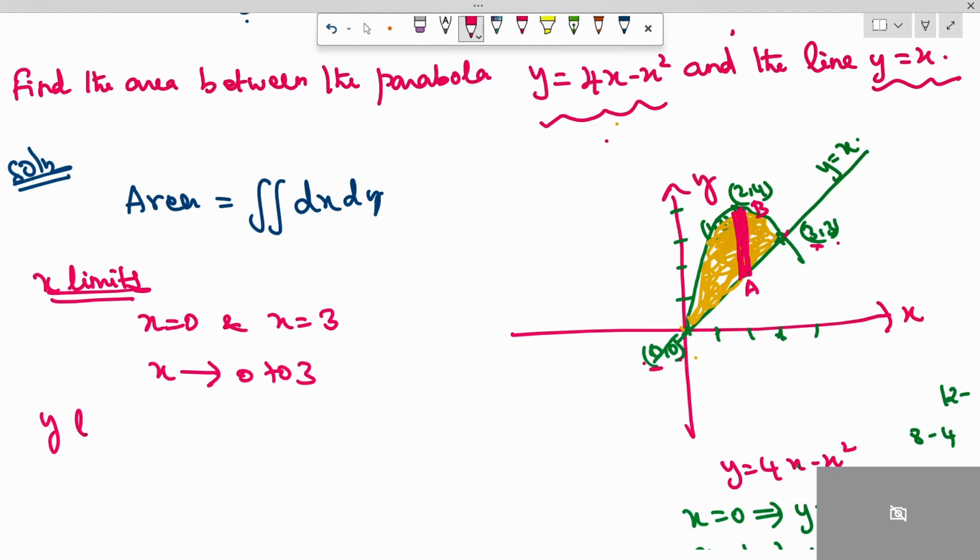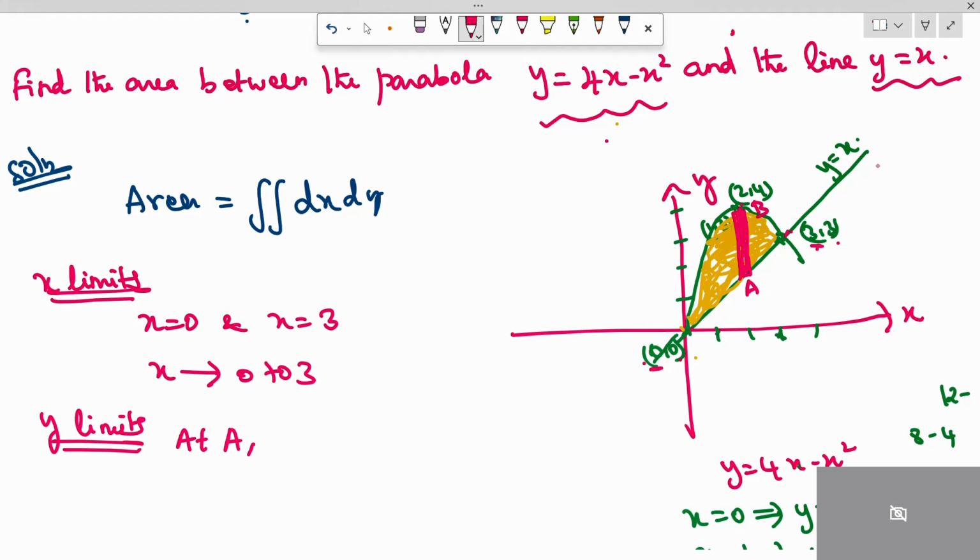And then calculate y limits. Y limits is nothing but just both ends. We have to take both ends because the strip covers the full area from (0, 0) to (3, 3), from this point to this point. We have to take that both boundary also, one end A, other end B. At A, what is y?